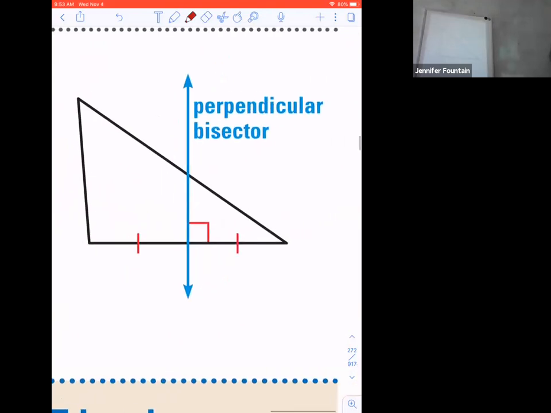Diagram here of my perpendicular bisector in my triangle. If they said that this is a perpendicular bisector of this side, I know that it is bisecting at the middle of that bottom leg. It's bisecting the base. So the perpendicular bisector, remember, is not going to bisect perfectly at the other points that it goes through.